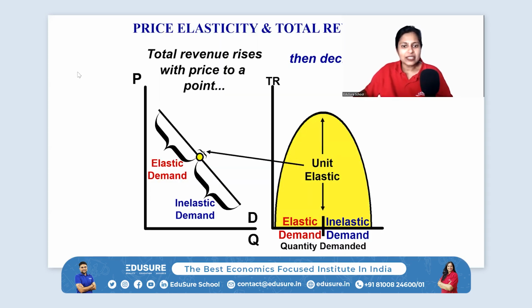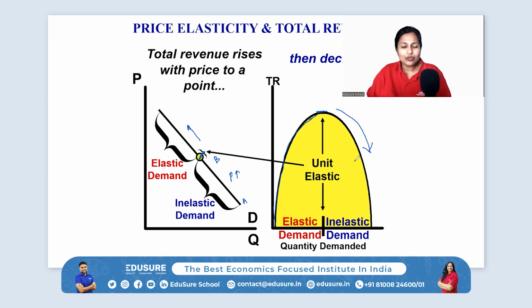As you move along from point A to B, as price rises, total revenue rises initially. Then it reaches its maximum. This is the midpoint. And after this, when price rises further, the total revenue is actually falling.